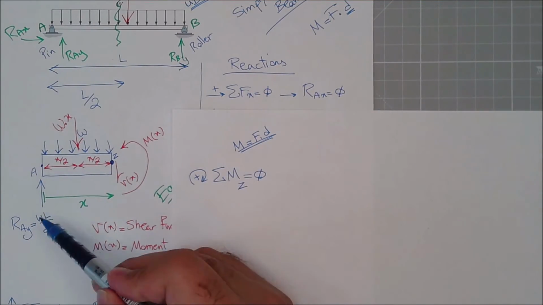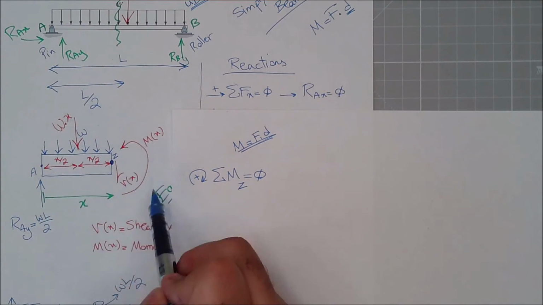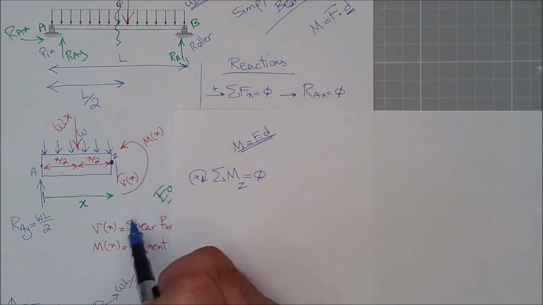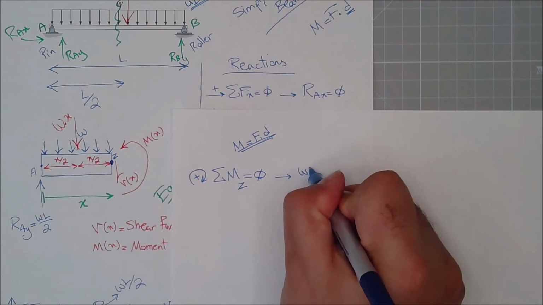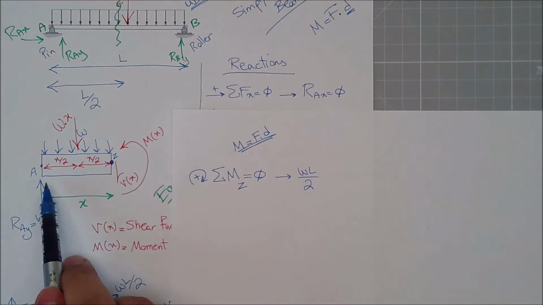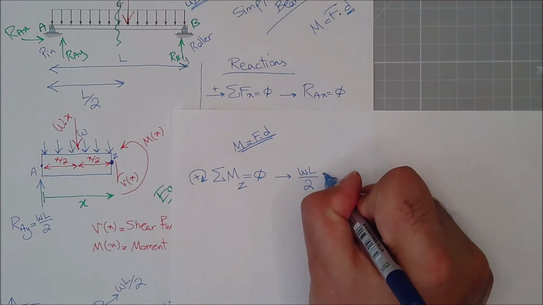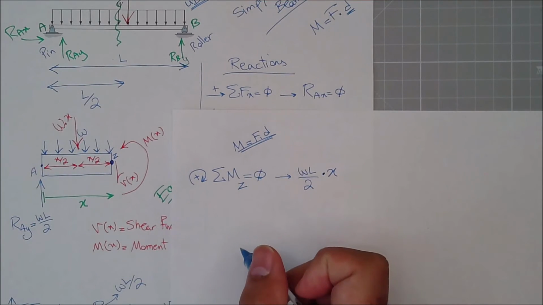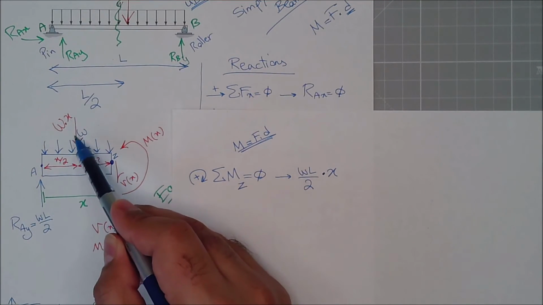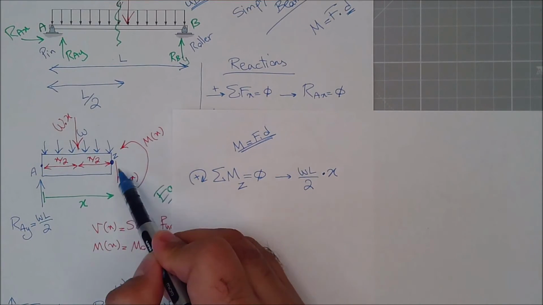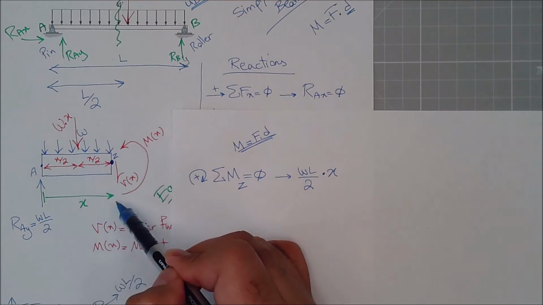Let's see what happens. I have this WL, and if I follow the arrow along point Z, it will be clockwise. So it will be a positive WL divided by 2 times its distance. What is the distance? In this case it is x. So times x. Then I carry on to the concentrated load. If I follow the arrow with the center of that point that I'm getting the moment, you can see it goes counterclockwise.